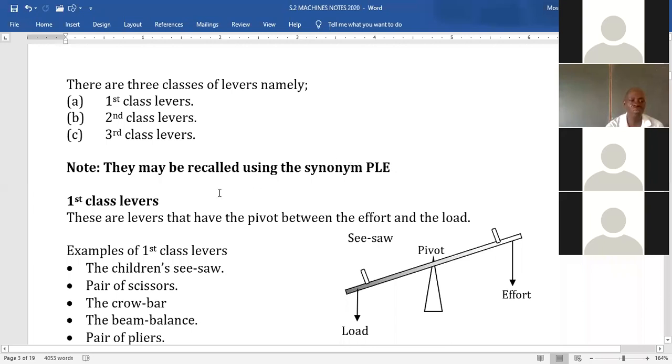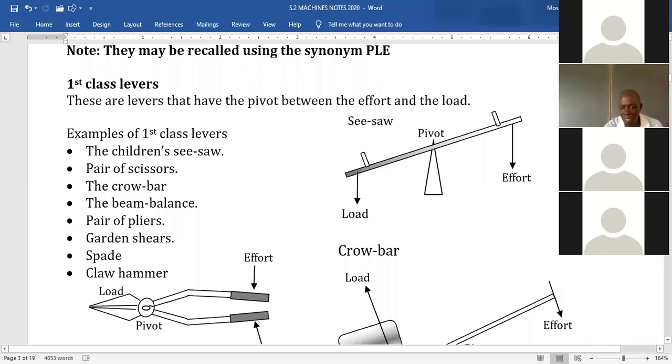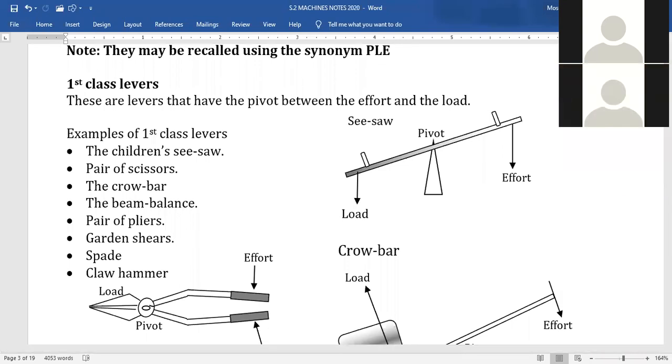So the first class levers, give us the list. Tina, carry us through those first class levers quickly.